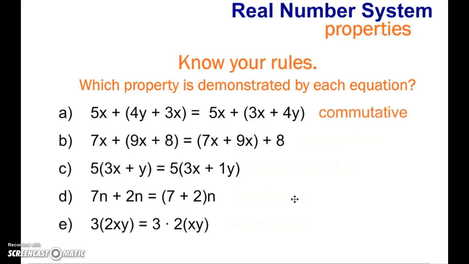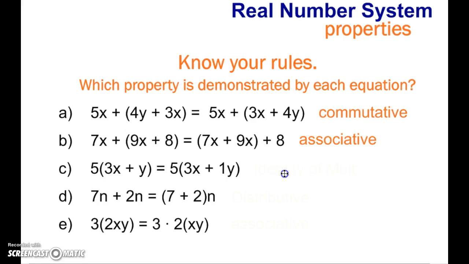Now B. I can see my parentheses changed, and that's changing grouping, so that's the associative property. And then C. Well, the only thing that is different is that you have y and you have 1y.